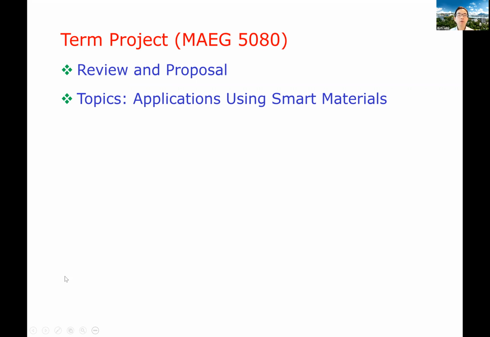Second, the topic you choose will be related to this course, the smart materials. It can be one particular application using one kind of smart material. You can emphasize an application or some particular issue, and that'll also be okay. It doesn't have to be exactly an application, as long as it's related to this course, smart materials and structures.